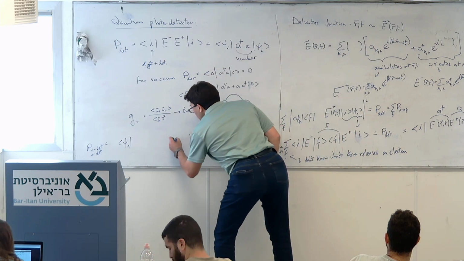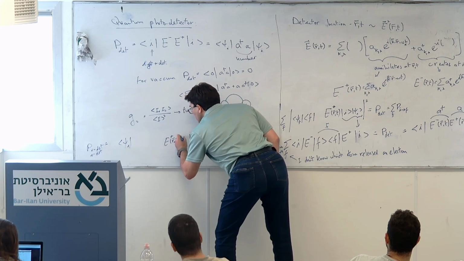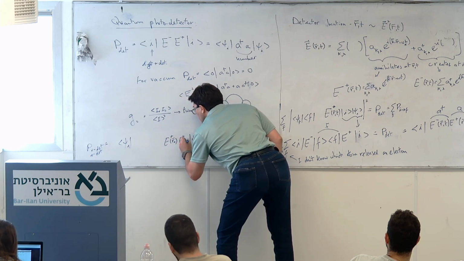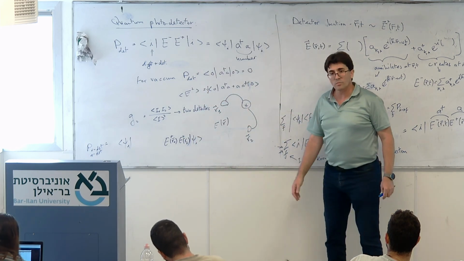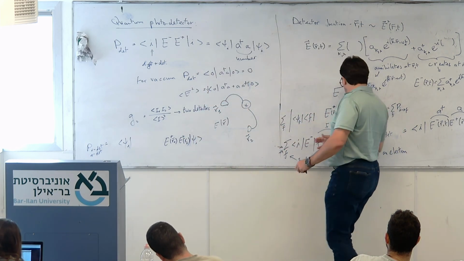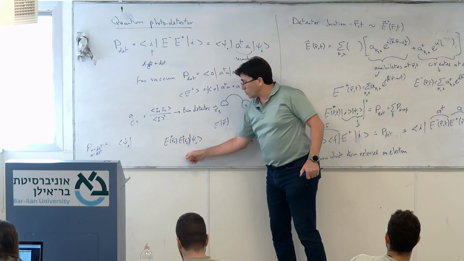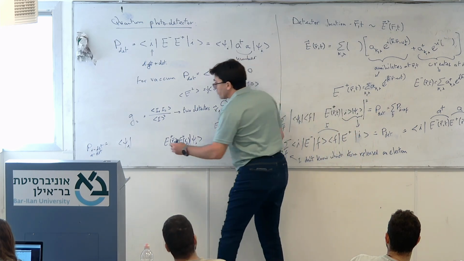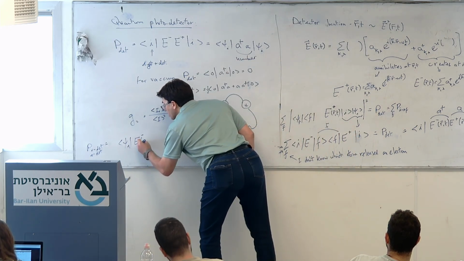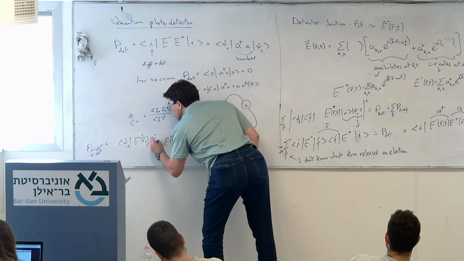So what should be here is what we called E plus of R1 times E plus of R2. Both of them detected, and then, just as we did before, the perturbation is that both of them annihilated the photon. And what do we have here? E minus of R1 times E minus of R2.